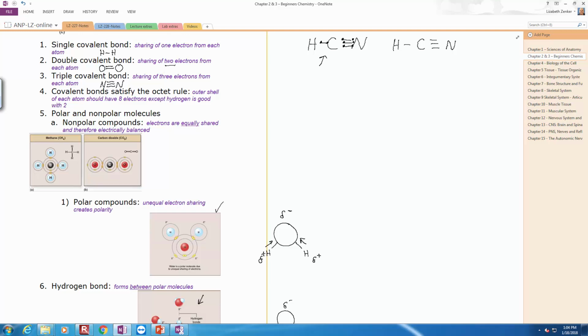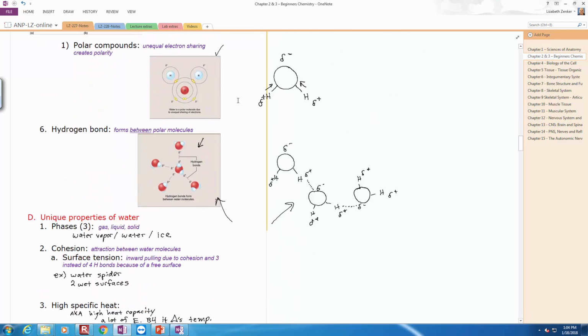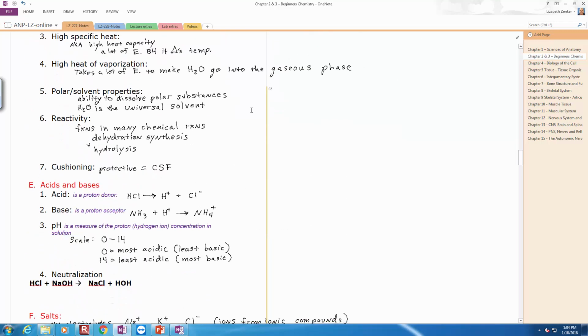And we finished up briefly with cushioning, the very last thing we were talking about with water, because your CSF, or cerebrospinal fluid, has a lot of water in it. It has some ions and other things as well, and that helps cushion your brain if you had some sort of traumatic injury to your head, like something smacking you or you falling, and helps it not knock around so much.